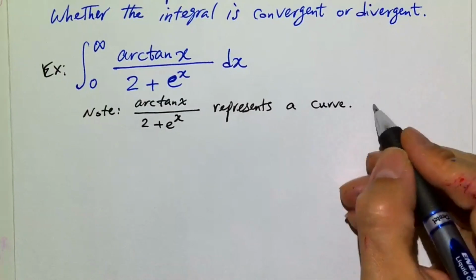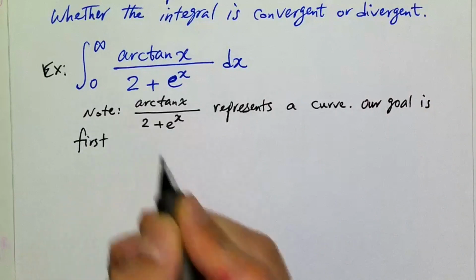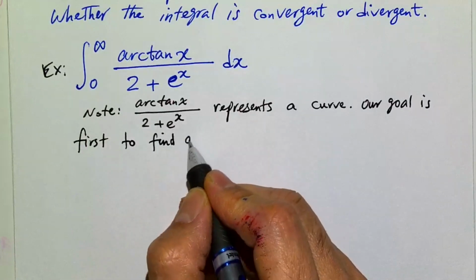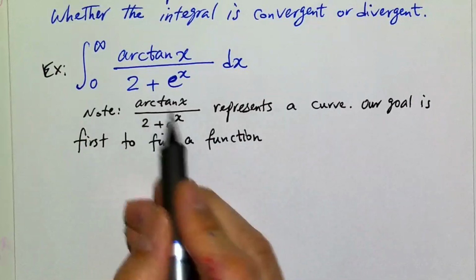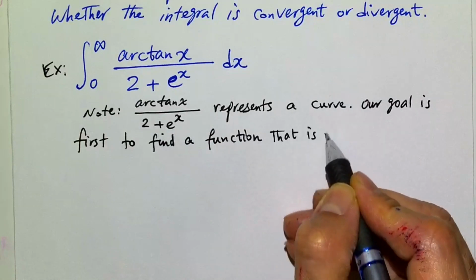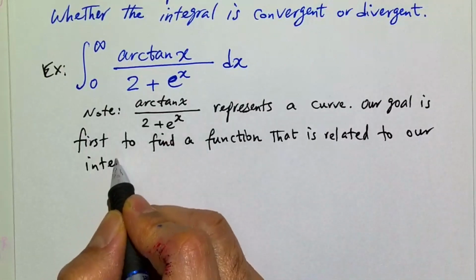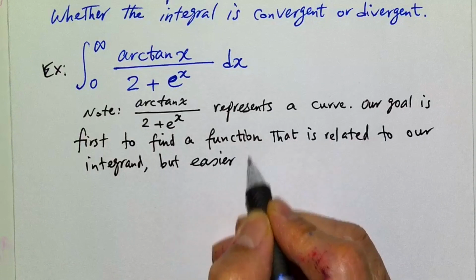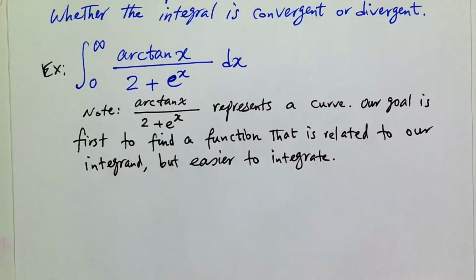So first, we want to find a function that is related to this function we have, related to our integrand, but easier to integrate. Okay, that's our first goal.